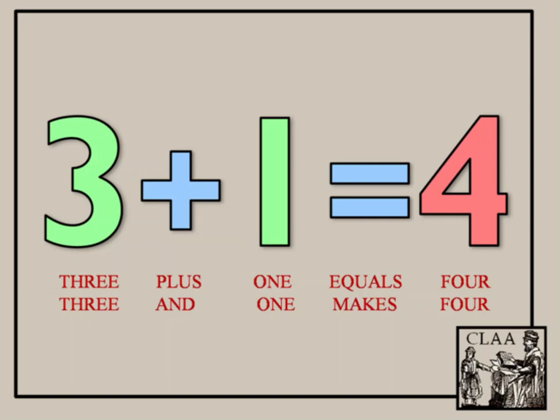The green numbers here, the numbers we're adding together, are called addends. We add addends to make a sum. The addends are the numbers in green. The sum is the number in red. 3 plus 1 equals 4, or 3 and 1 makes 4.